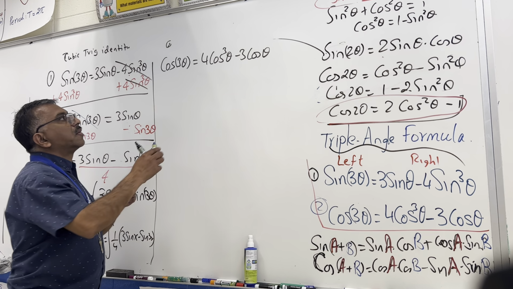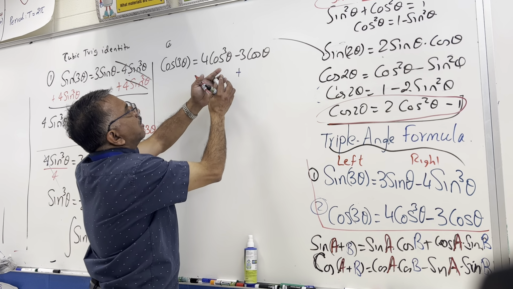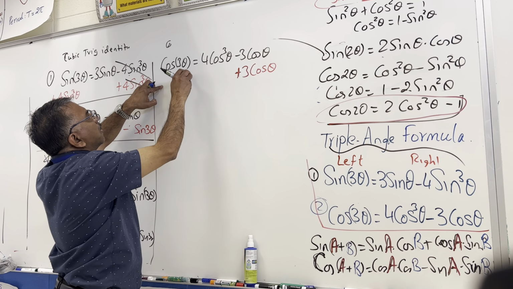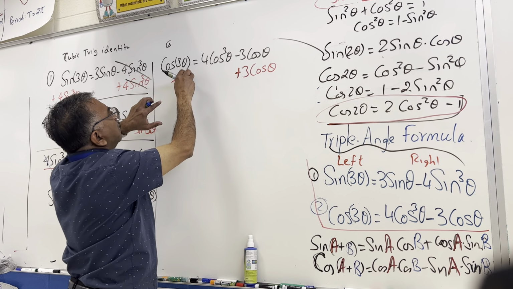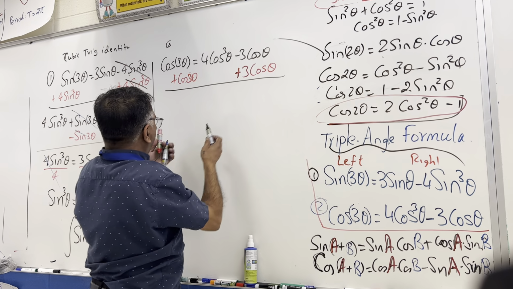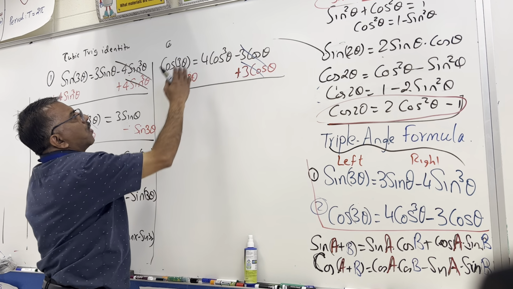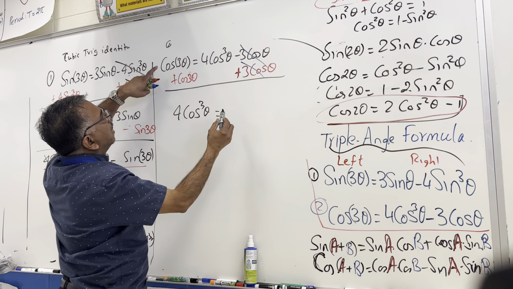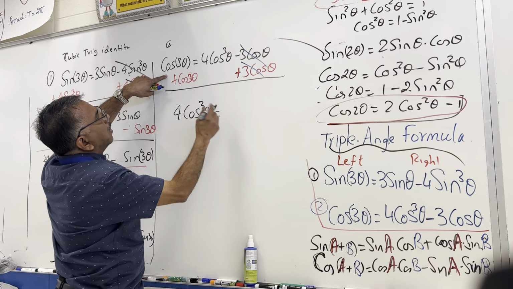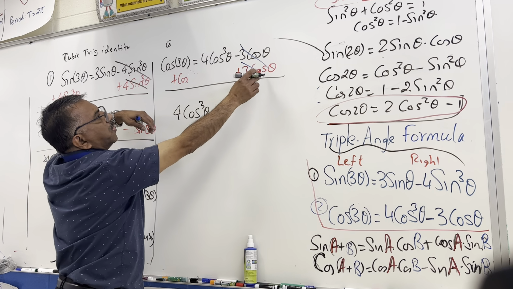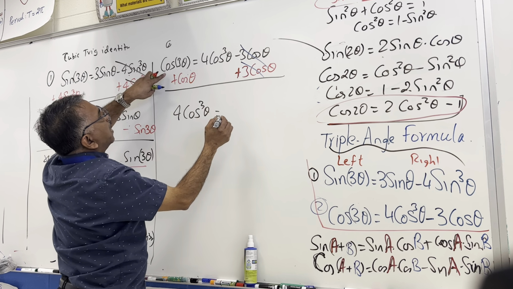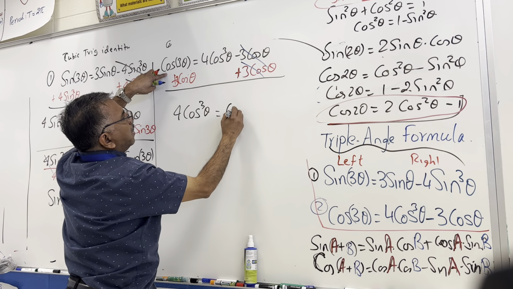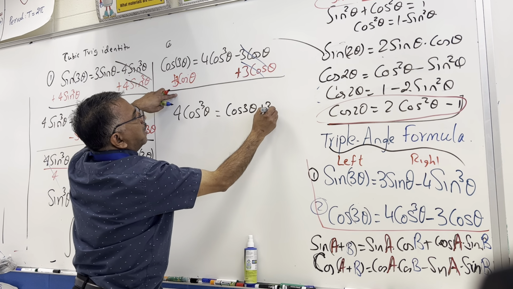Same thing here: let's add plus 3 cosine theta. So this is cosine 3 theta. Cross this out and you get 4 cos cube theta, so that stays. I'm going to write this one as cos 3 theta, because you are adding 3 cosine theta.